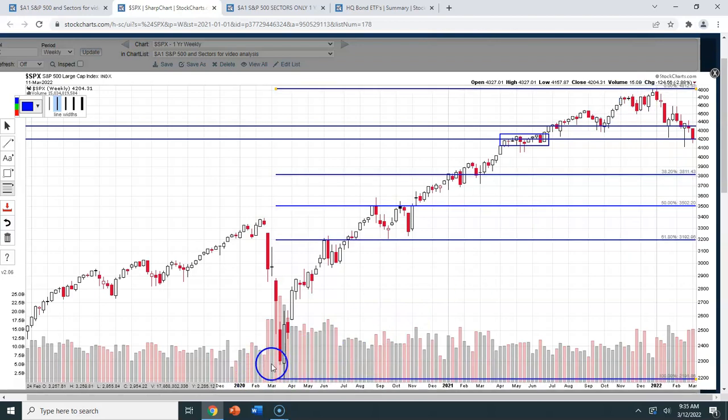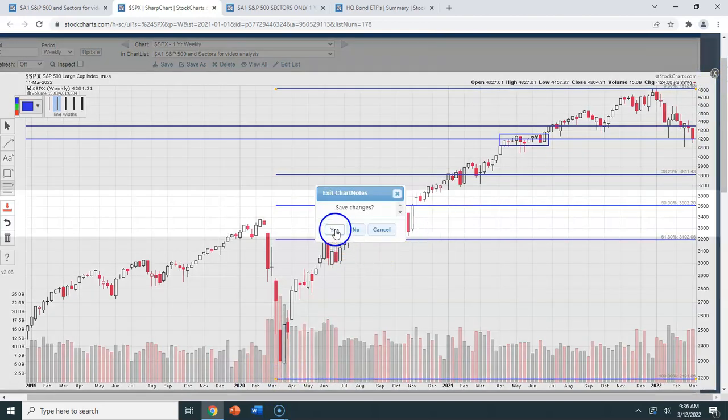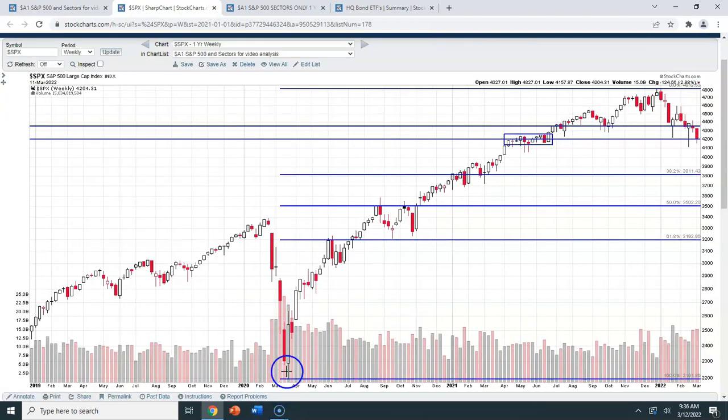And the way this works is you start at the lows of your prior downturn, and that was, of course, the COVID lows, March of 2020. So we start there, and we go to the peak of the market, right? The recent peak. And then the way this works is there's 3 major numbers, 38.2, 50%, and 61.8.